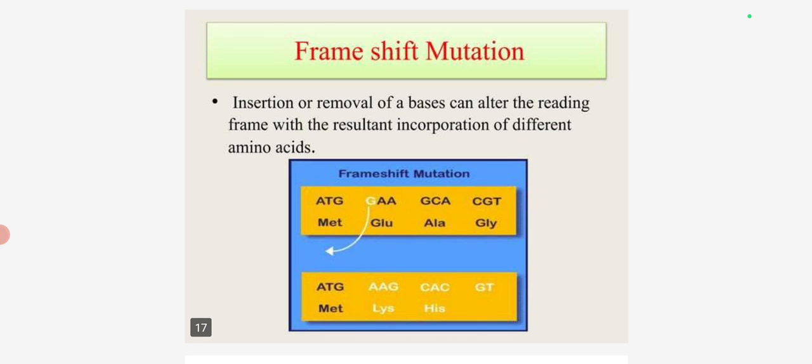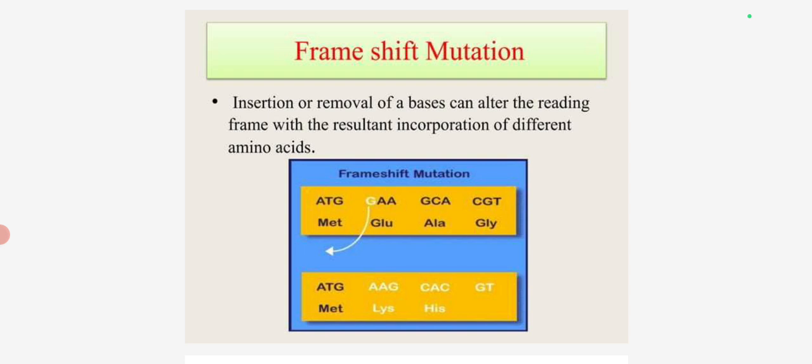Final one, frameshift mutation. Here either insertion or removal of bases can alter the reading frame, with the resultant incorporation of different amino acids. The picture shows methionine, glutamic acid, alanine, glycine. Here the second one, glutamic acid, consists of GAA.